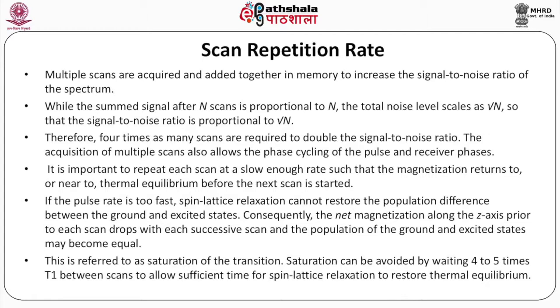The acquisition of multiple scans also allows the phase cycling of the pulse and receiver phases. It is important to repeat each scan at a slow enough rate such that the magnetization returns to or near thermal equilibrium before the next scan is started.